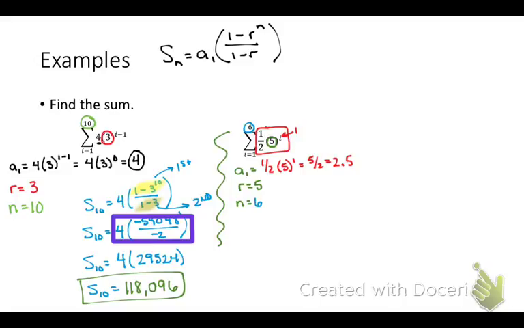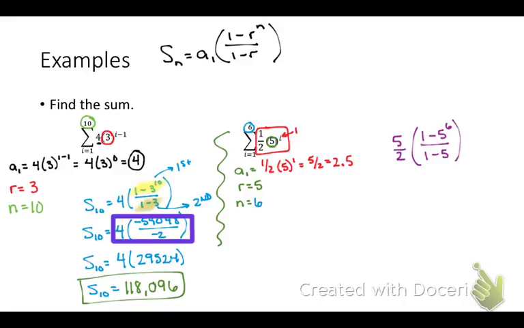So now we just plug everything in. So first term, 5 over 2, or 2.5, however you want to do it, times 1 minus 5 to the 6th power, all over 1 minus 5.